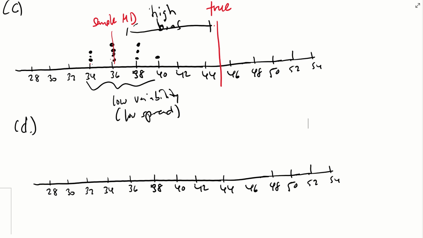Okay, now for this one, the true value is here, like we said, or 45. Let's say we underestimated. Let's say we're over here. And let's say there's high variability, right? So it's going to be spread out.